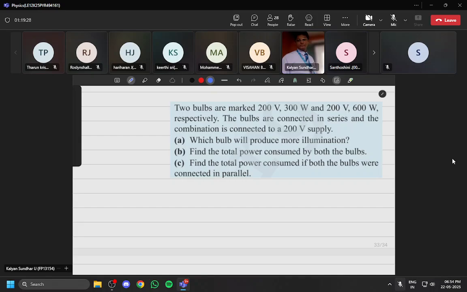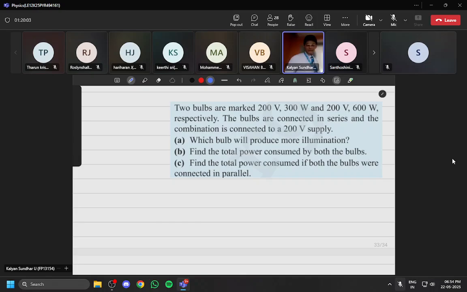First bulb, sir. First bulb, ma'am, let's check. First bulb is correct, sir. Total power 200, sir, when connected in series. Yes, sir. So B and C we can easily find, right?